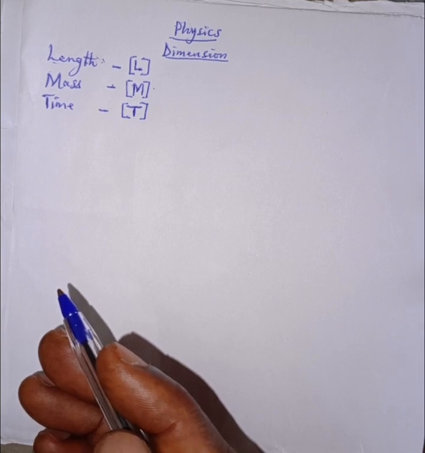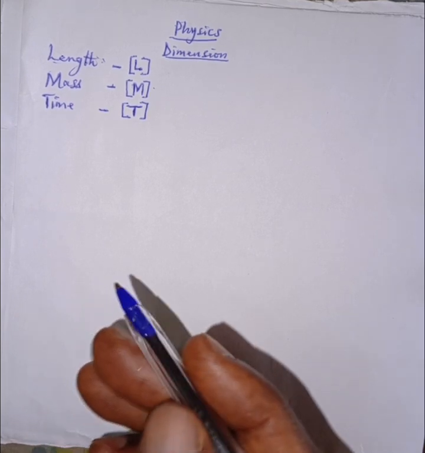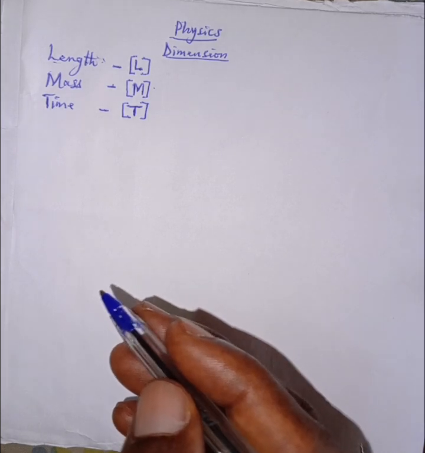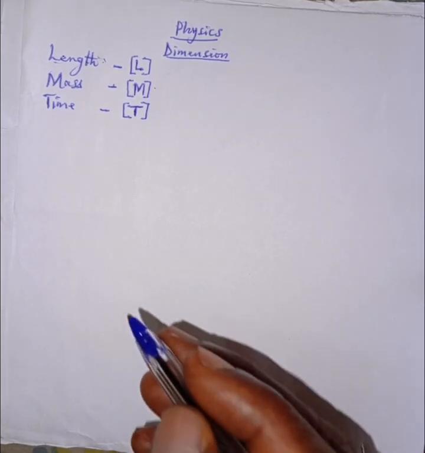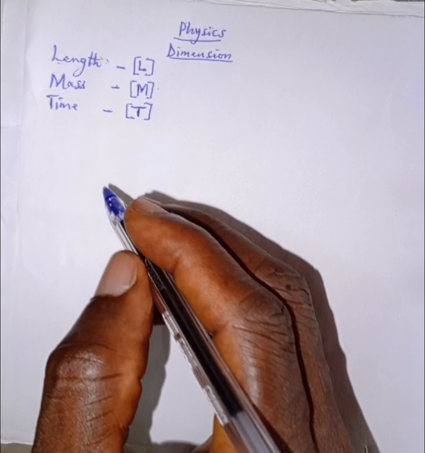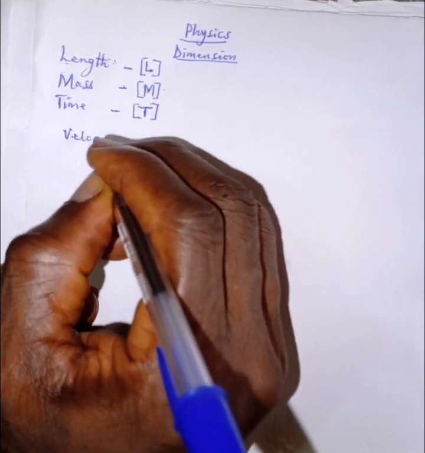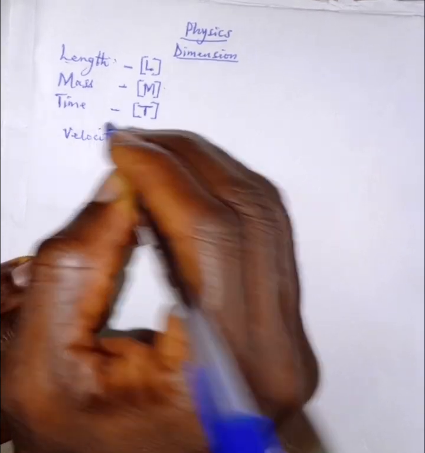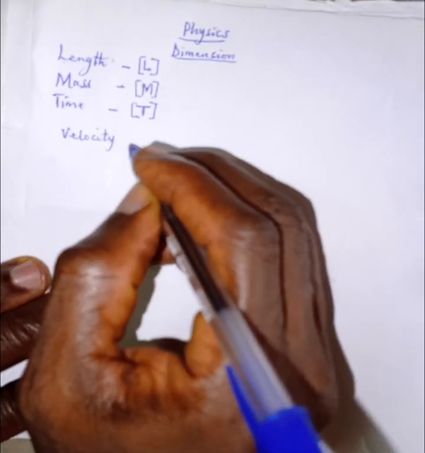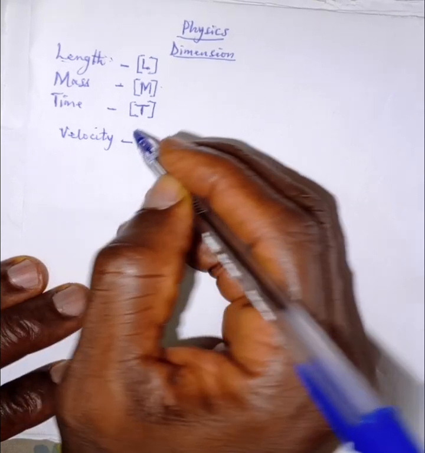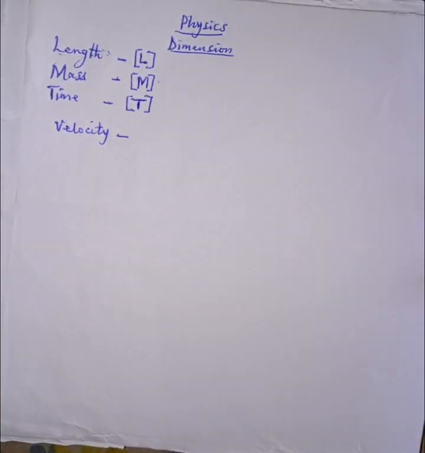So let us look at a particular quantity. Let us take velocity as a quantity for which we want to find the dimension.